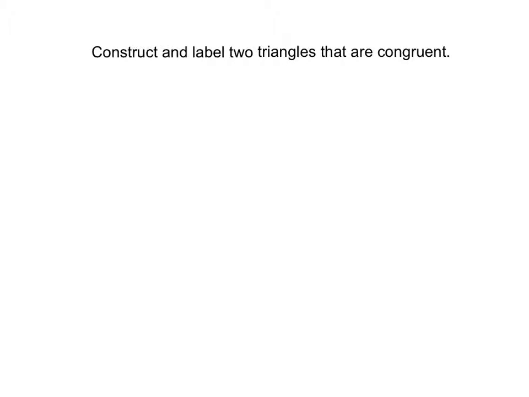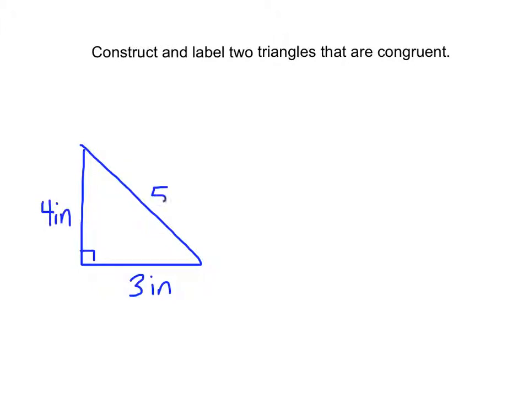If we were going to construct and label 2 triangles that are congruent, you can do this any way you'd like. I'm going to make a 90-degree triangle just because then I know it's 90 degrees. I'm going to say we have 3 inches, 4 inches, and 5 inches.